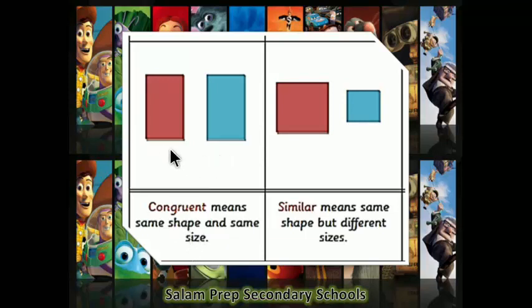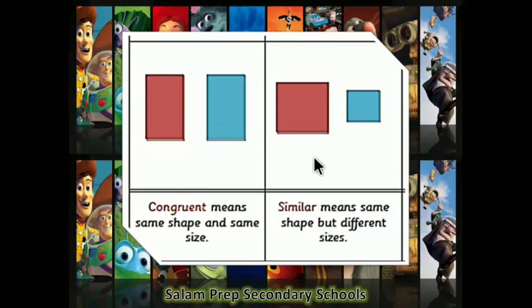These two shapes have the same shape. This is a rectangle, this is a rectangle, and they also have the same size. This size is the same as this size.